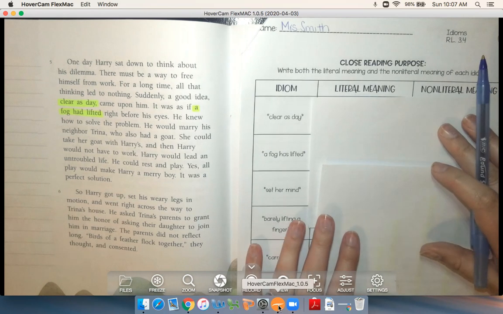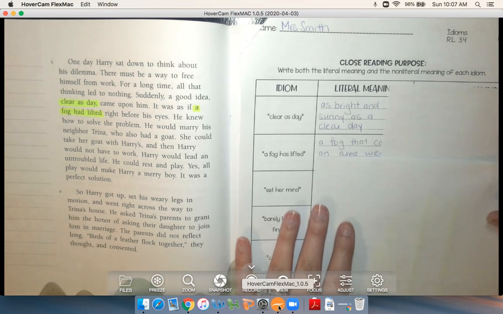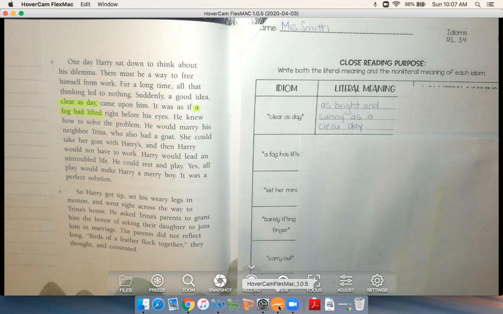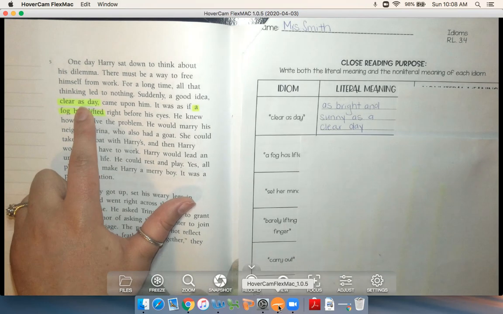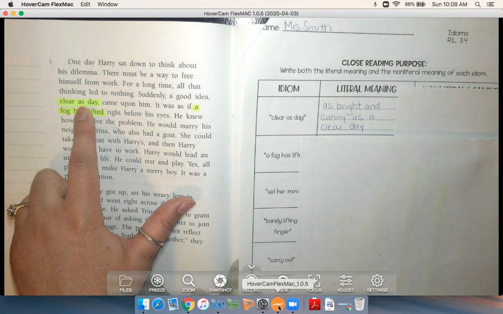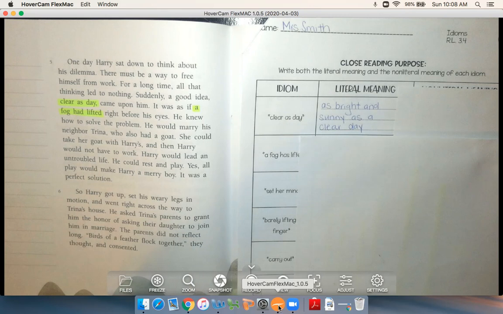Well, literally clear as day, if I told you those phrases, you might think I'm talking about a bright and sunny day where the sky is clear, right? But is that what Harry's talking about in this passage? Suddenly a good idea, and then he starts talking about the bright and the sunny sky?